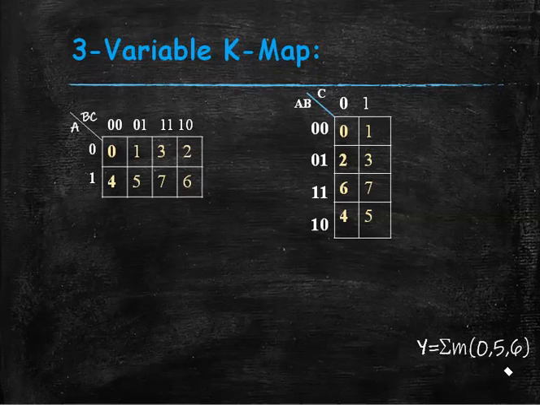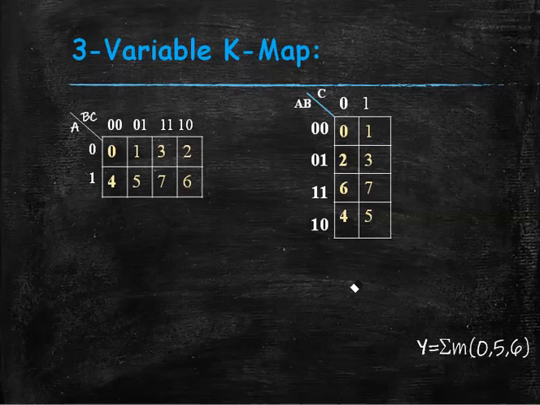We know that it is a 3 variable K-map. For 3 variables, there must be 8 different combinations. Of the 8 combinations, only three cases are 0, 5 and 6. Then there must be the remaining 5 cases, that is 1, 2, 3, 4 and 7.